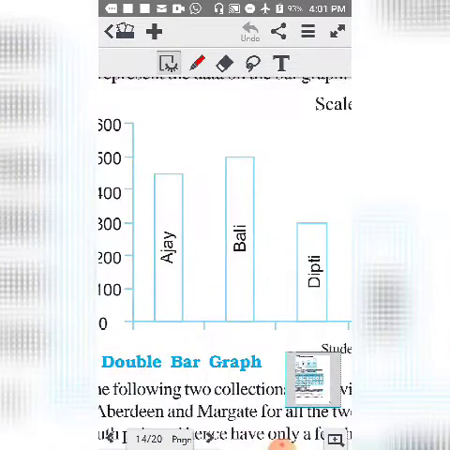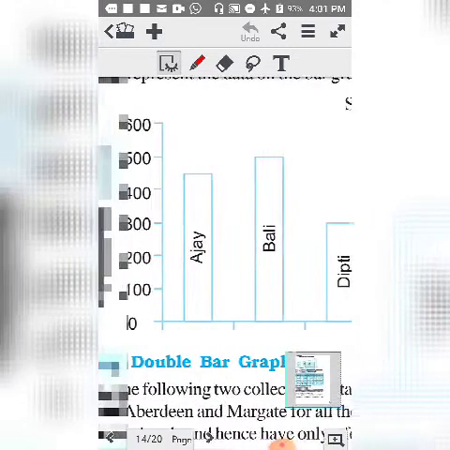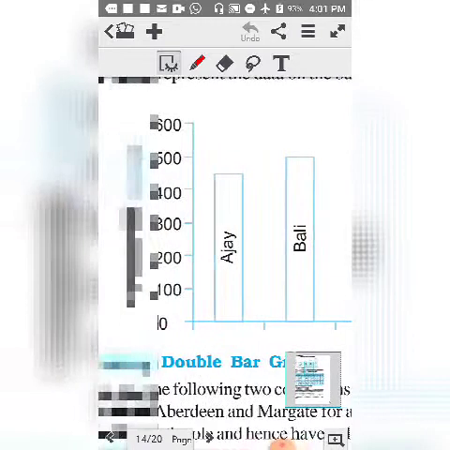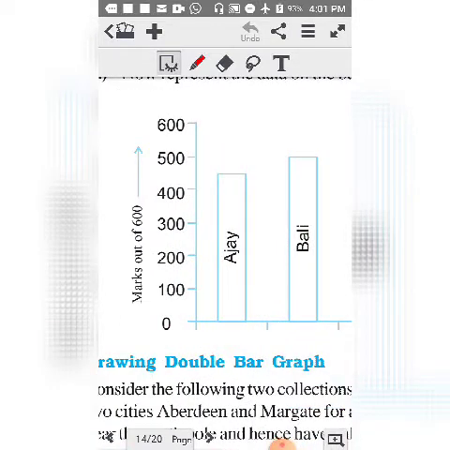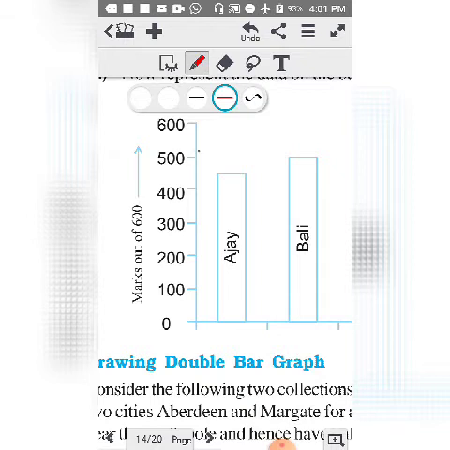So the first rectangle shows the name Ajay. Ajay has scored marks. According to this graph he has scored between 400 and 500. If you measure it, it is coming roughly 450. 450 marks he has scored. From the graph we can make out.